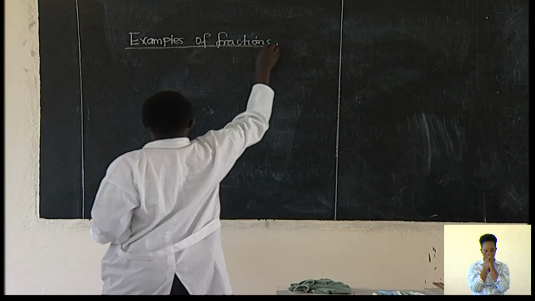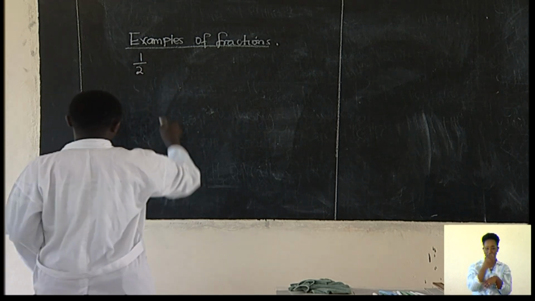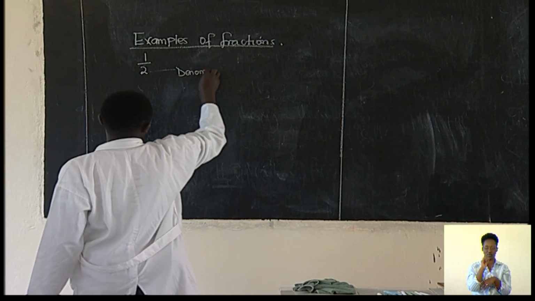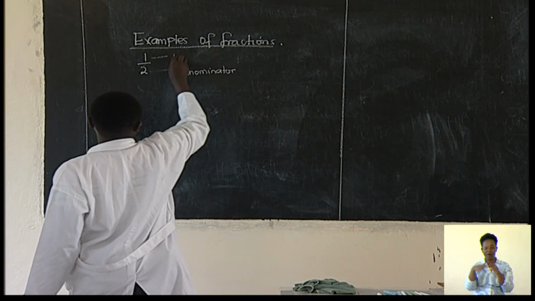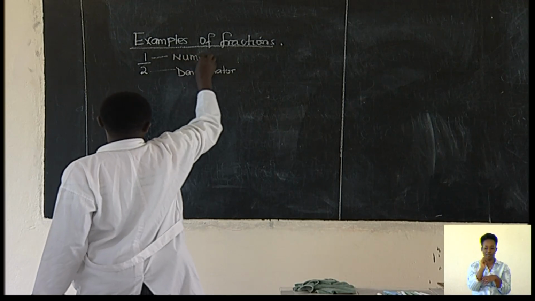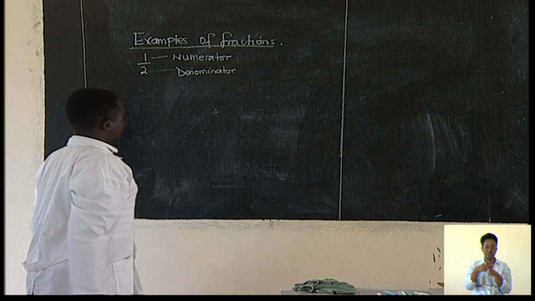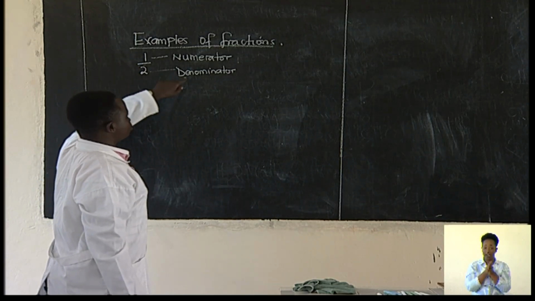Here, if we have 1 out of 2, this is a fraction. This is a denominator, and this is a numerator. The one on the top is a numerator, and this one is a denominator.